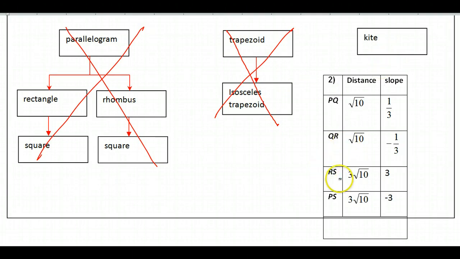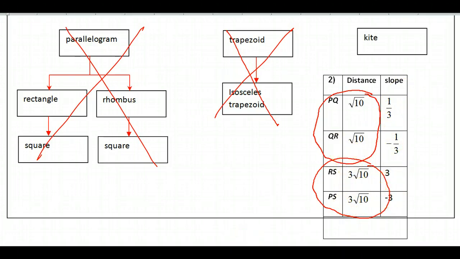Now, the definition of a kite says that there should be 2 pairs of consecutive sides that are congruent. Consecutive means right next to each other. So here's a pair of consecutive sides. They are congruent. Here's another pair of consecutive sides. They are also congruent. Notice that a kite doesn't have any parallel lines at all.